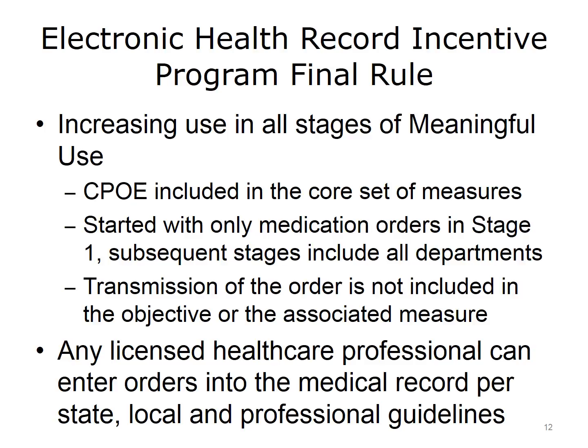At first, only medication orders were required, but subsequent stages of meaningful use include lab, radiology, and other departments as well. Further, the percentage of patients that had electronic orders entered via CPOE increased to 80%. The final rule also clarified which healthcare professional can enter orders using CPOE, as any licensed healthcare professional per state, local, and professional guidelines.